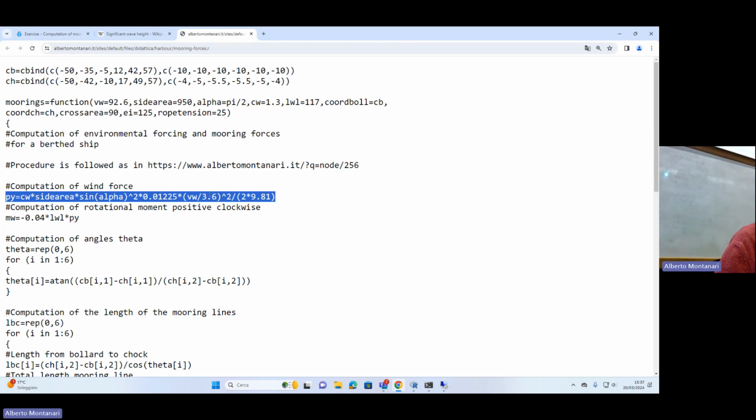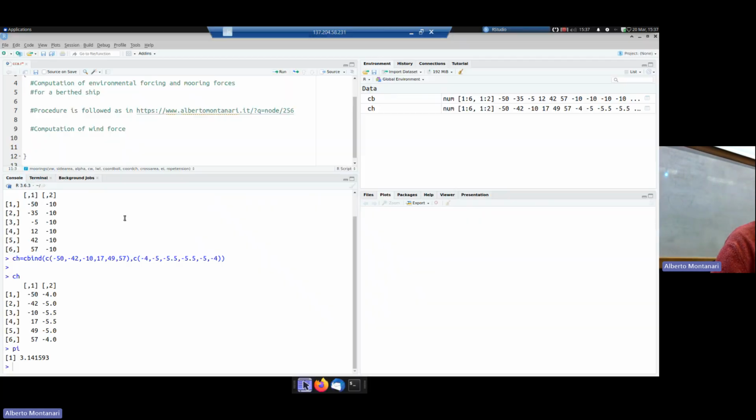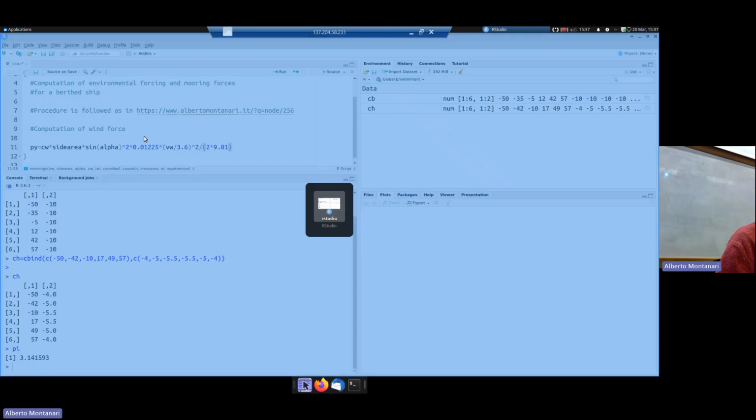Good. Okay, let's copy this. Copy. And let's paste it. Now, let's forget for a moment the code, because the code is continuing in my website here.